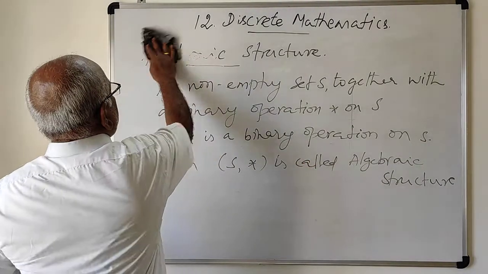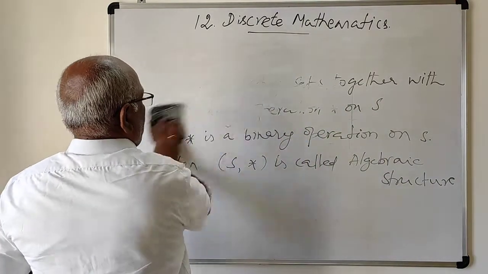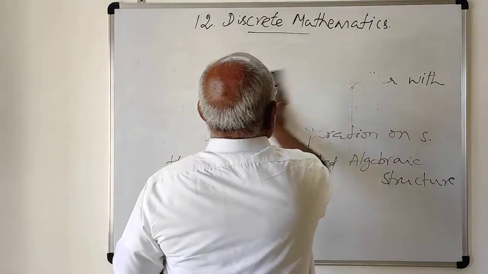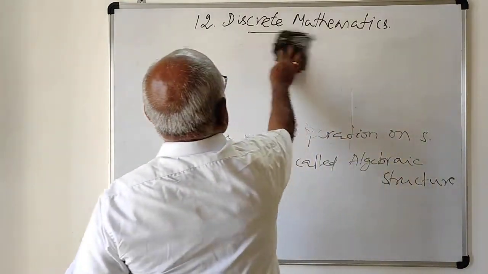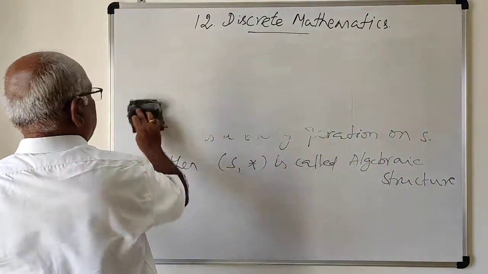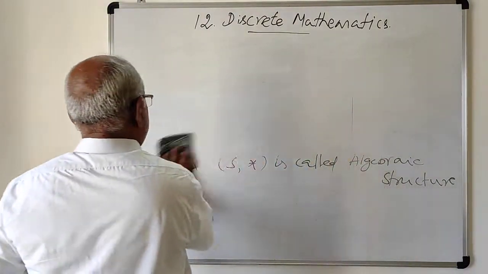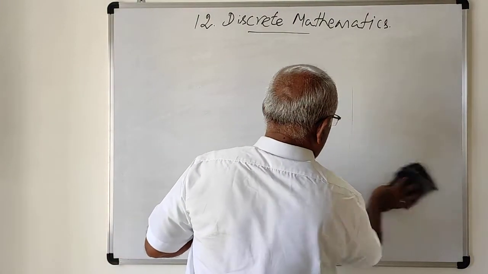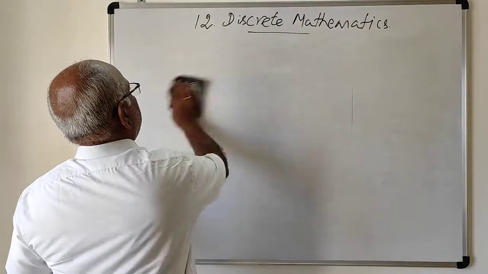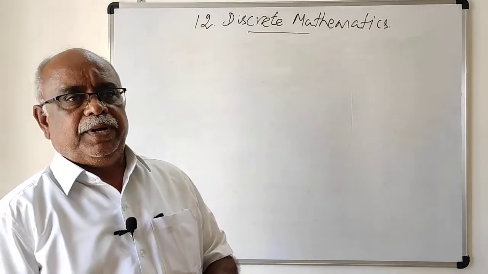Example. We can say addition is a binary operation on Z. We know addition is a binary operation on Z because the sum of two integers is again an integer.